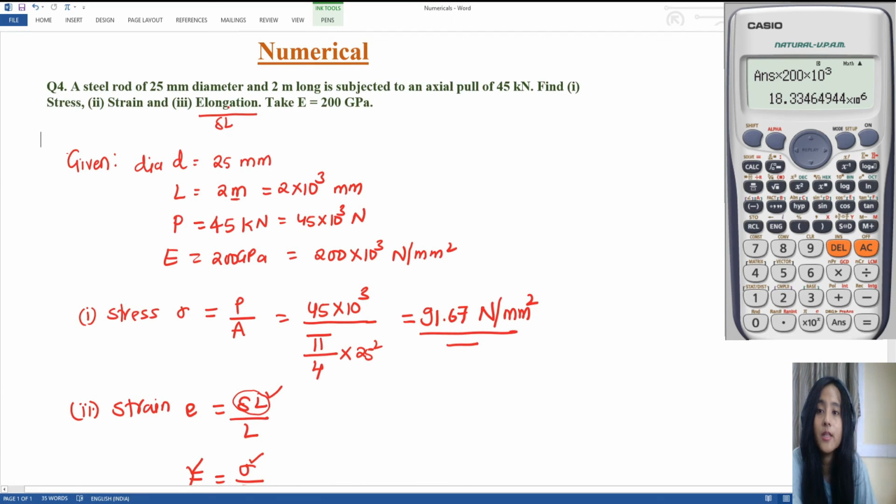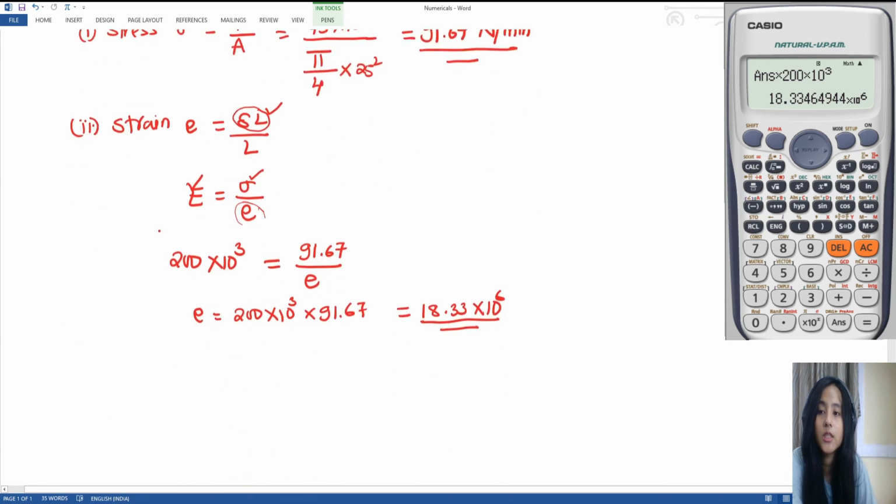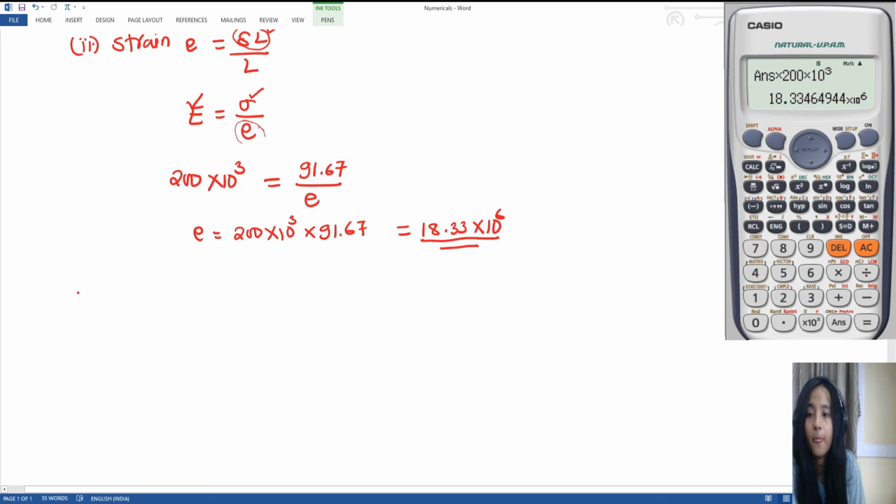Now we have found strain also. Now let us find elongation, third one, del L. When we covered the theory portion in the PPT, I covered at the end of the PPT how to find del L. The formula was PL by AE.